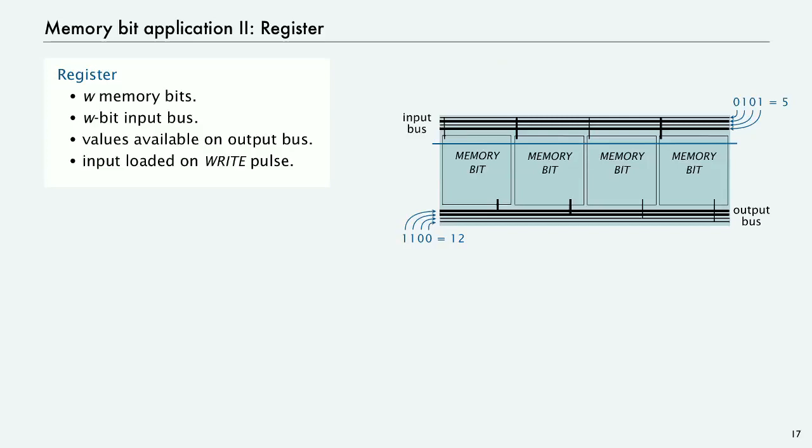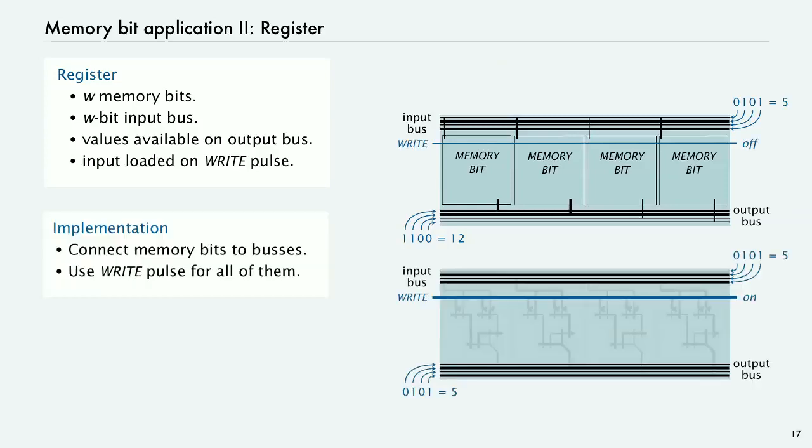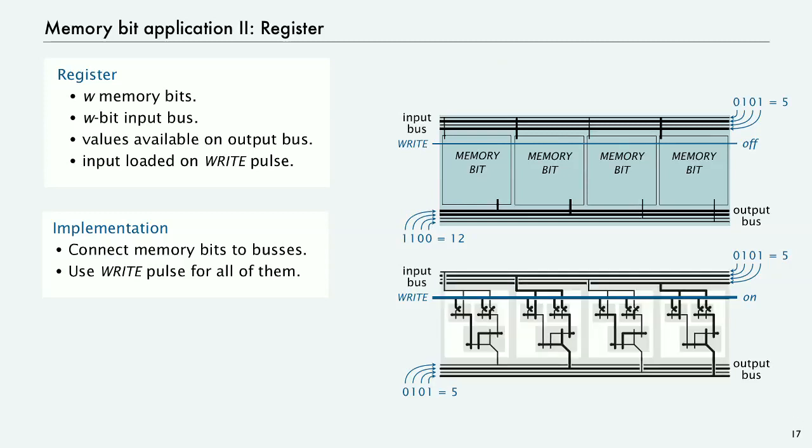And if we give it a write pulse, then what's supposed to happen is the values on the input bus go into the memory bits and are available on the output bus. So in this case, write is off. Now when we turn write on, we get those values put into the memory bits and available on the output bus.